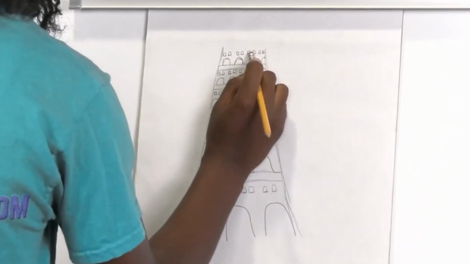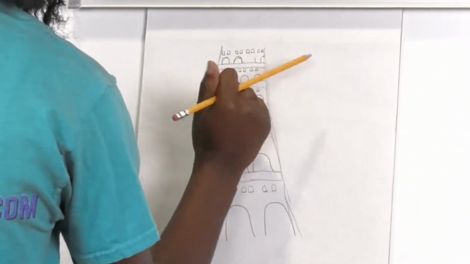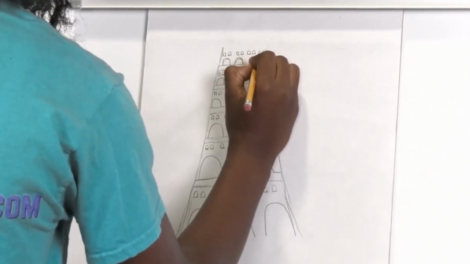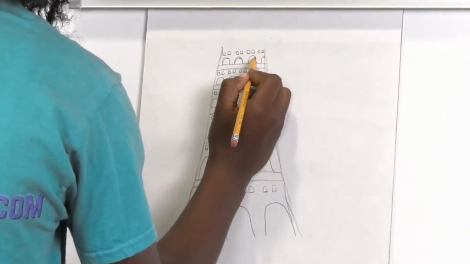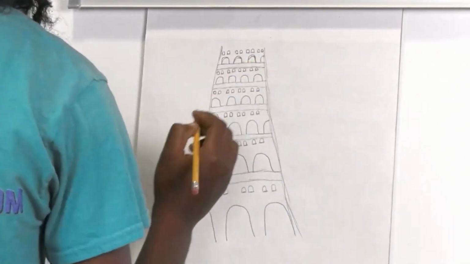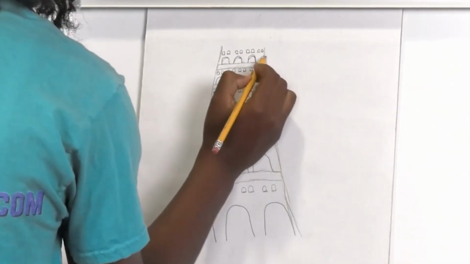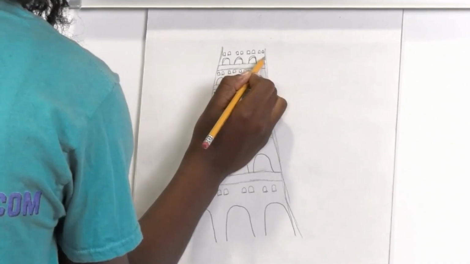Make this one more of an oval. And do your mark. This one's going to be a half mark because it's on the corner, okay? Gotta go here and a little mark.